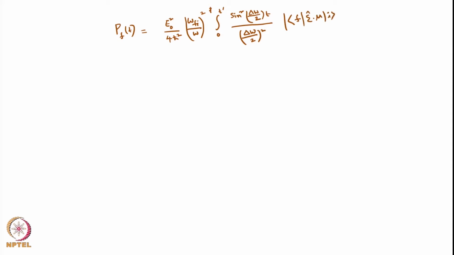In the previous class we were looking at the transition probability and we arrived at the equation Pf of t equals E naught square by 4 h bar square, omega Fi by omega square, integral 0 to t prime, sin square delta omega by 2 into t divided by delta omega by 2 whole square, integral f epsilon dot mu I whole square.